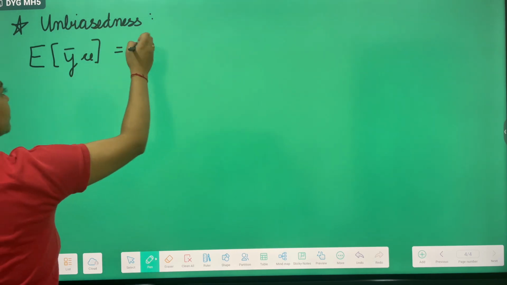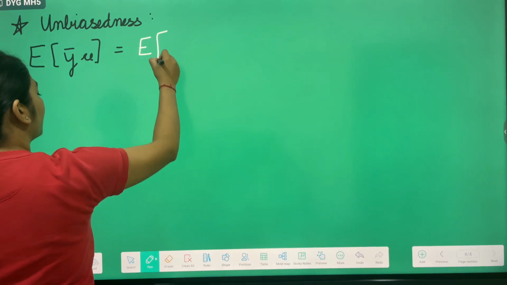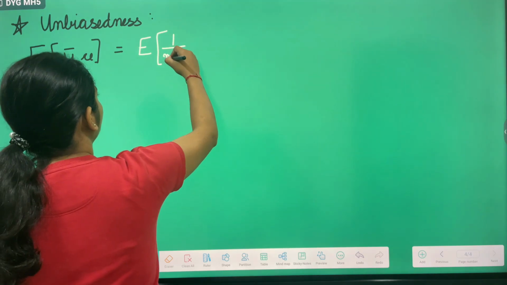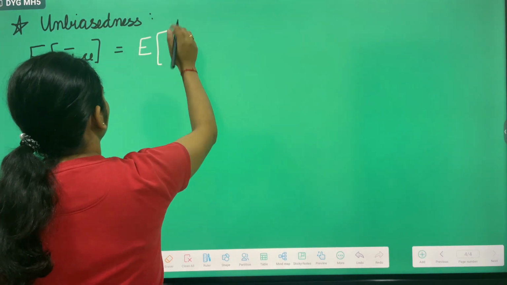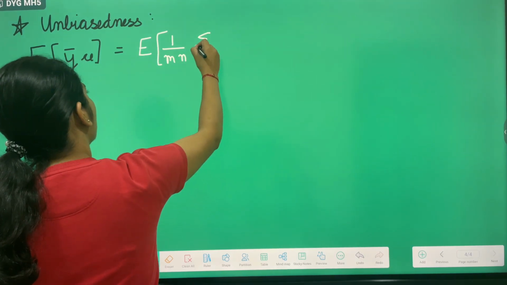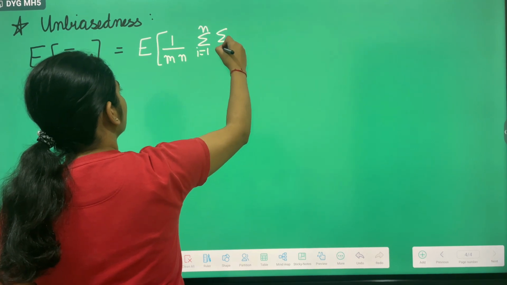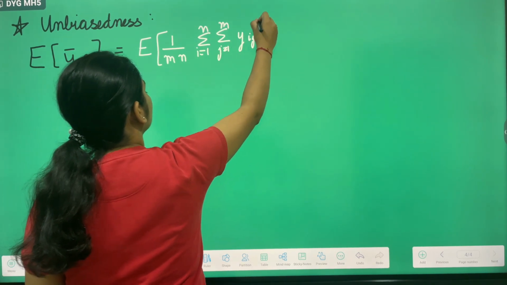So we can write it as expectation of 1 upon mn summation i goes from 1 to n summation j goes from 1 to m yij.